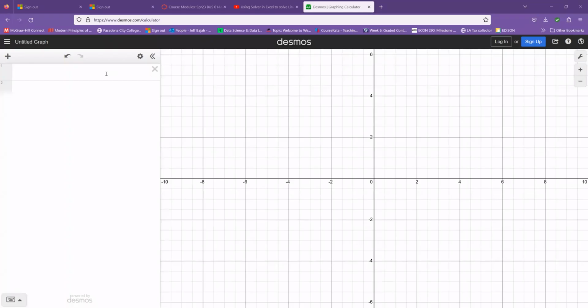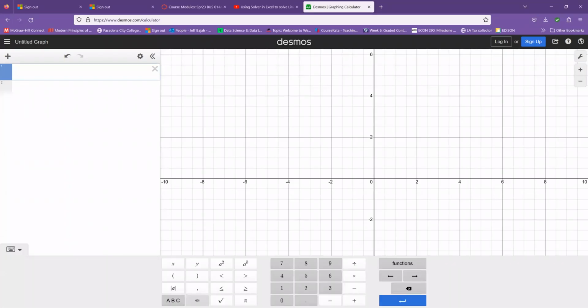All right. So you can see Desmos, right? Now I can go ahead and provide the data here, and Desmos will show me where my minimization areas would be.